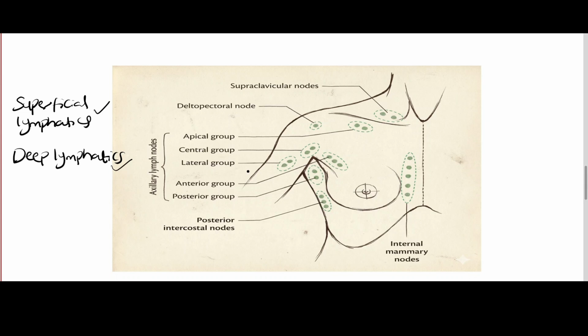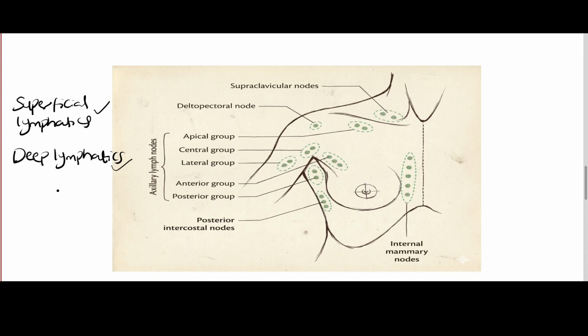The deep lymphatics are the lymphatic vessels that drain the glandular tissue of the breast, that's the parenchyma of the breast, including the nipple and the areola, while the superficial lymphatics drain the skin of the breast except the nipple and the areola.